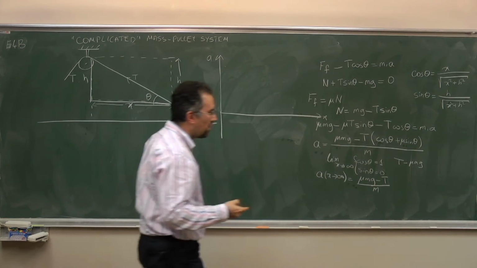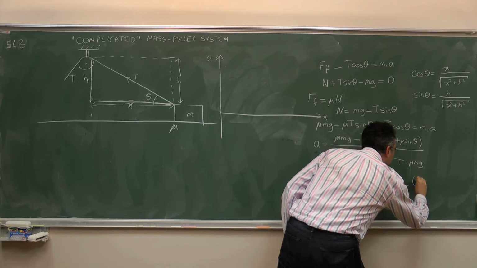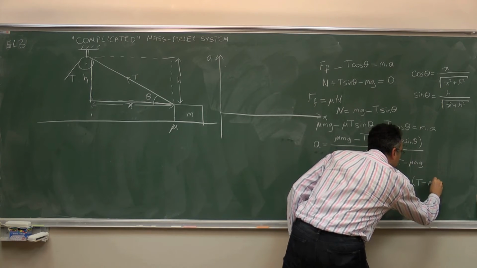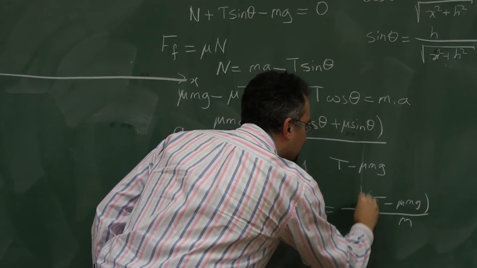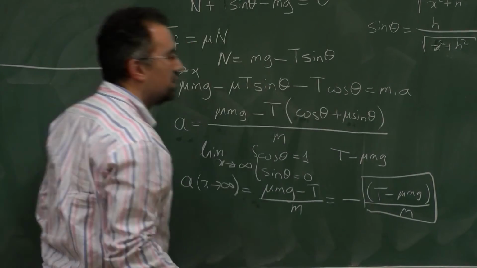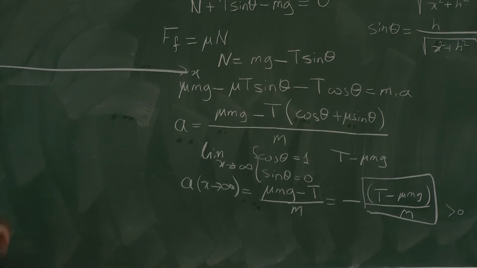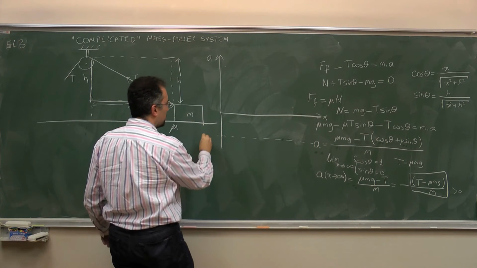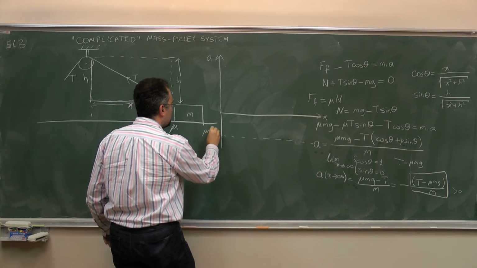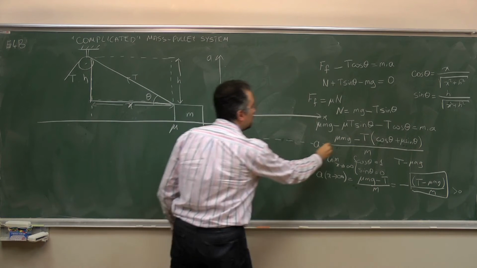So I can write this as minus (T minus mu mg) over m, where this quantity is greater than 0. So as x goes to infinity, it's just mu mg minus T over m.